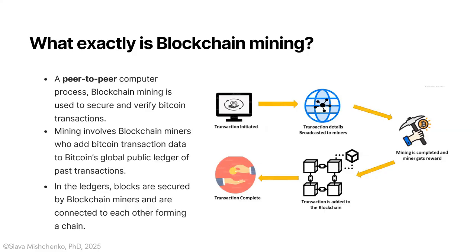So you can look at the bottom of the diagram. You can see how the verified transaction gets added to the blockchain, creating the permanent, unalterable record. And finally, the transaction is marked as complete, represented by the handshake icon.